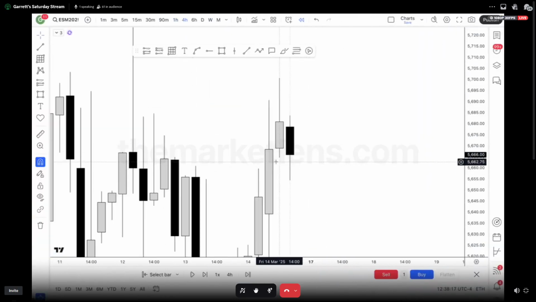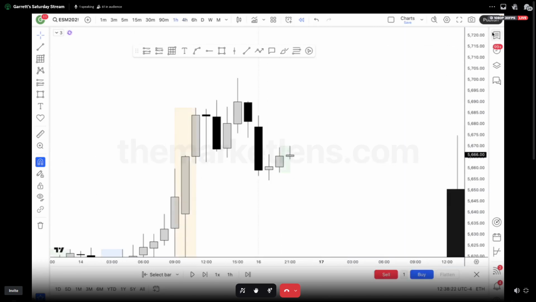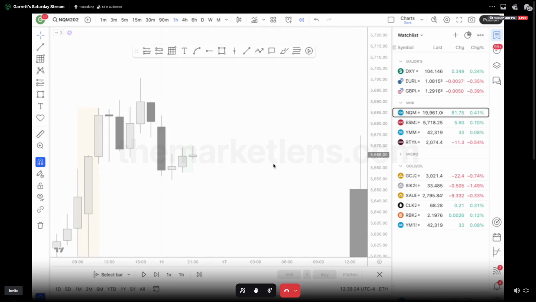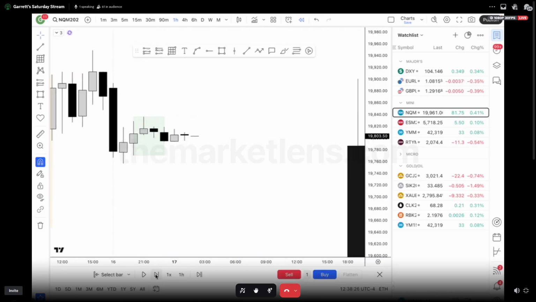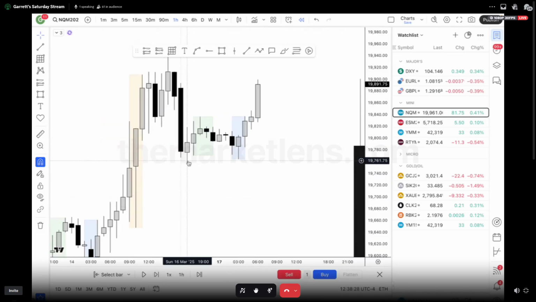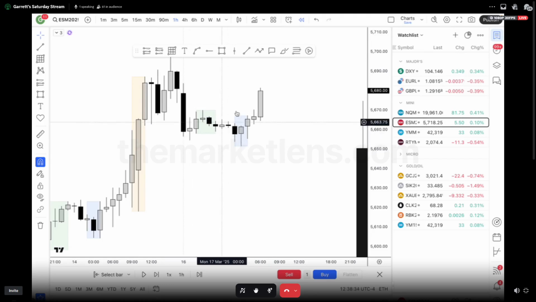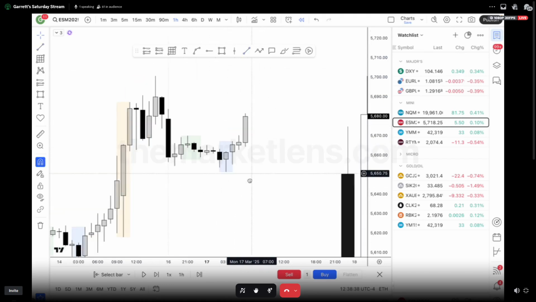So on NQ, there's no fair value gap here, but we do create a key level. I'm going to show you. We sweep out this low. This sweep is a key level, or this SMT, that is your key level. It's a swing low. SMT is manipulation, because the correlated asset sweeps out. So that's your key level for forming the low of day.